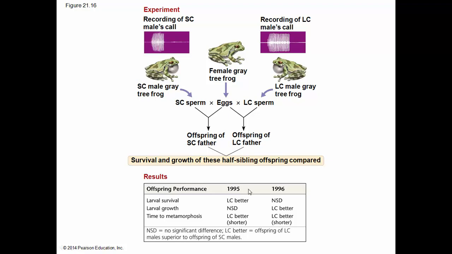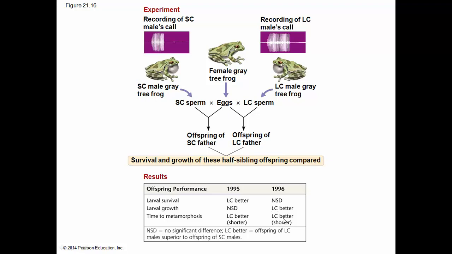Okay, so in 1995, the LC had better survivability. In 96, it had better larval growth, a shorter time to metamorphosis.